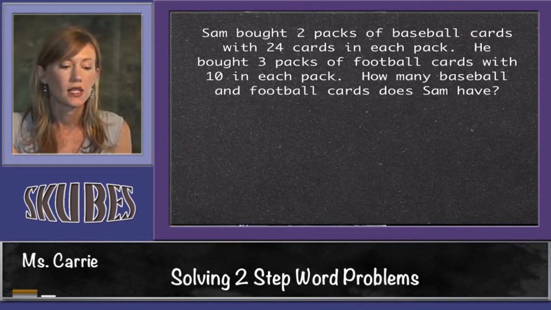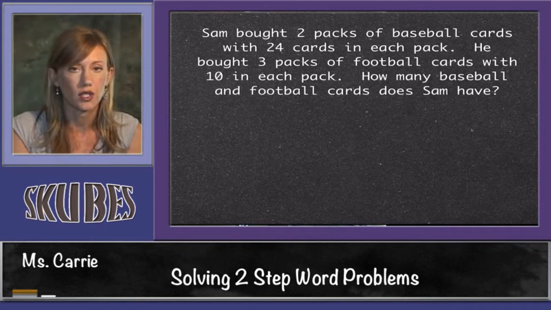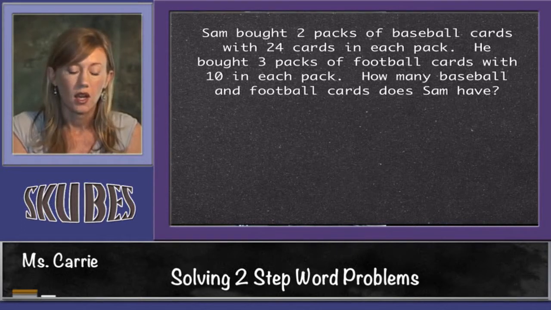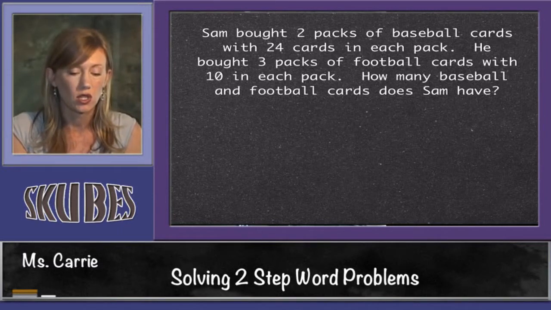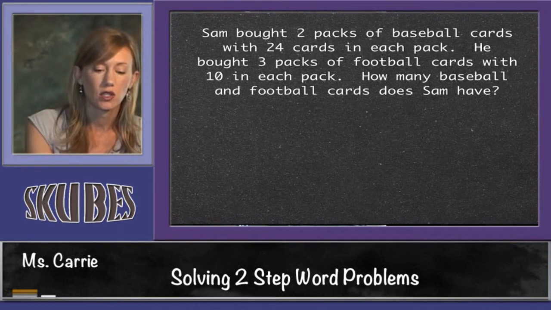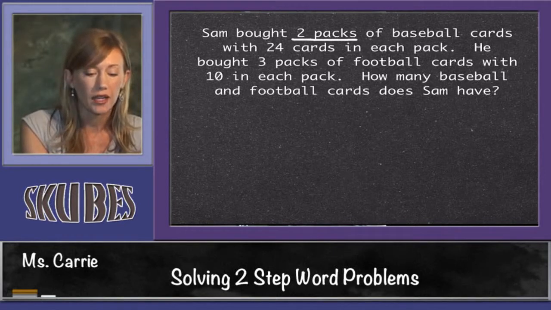Let's look at another two-step word problem. This says, Sam bought 2 packs of baseball cards with 24 cards in each pack. He bought 3 packs of football cards with 10 in each pack. How many baseball and football cards does Sam have? Let's look at our important information in the problem. He has 2 packs of cards, and each pack has 24 cards in it.